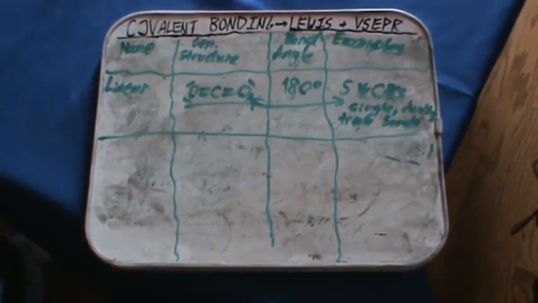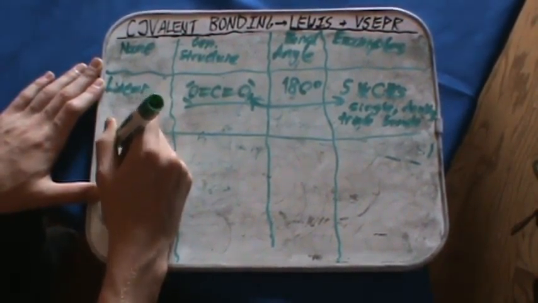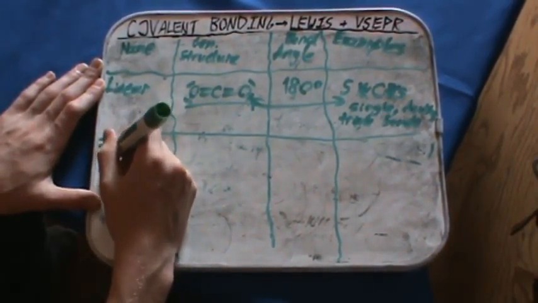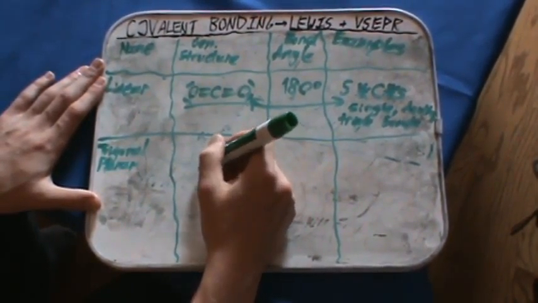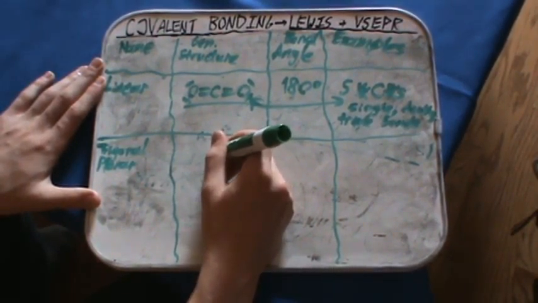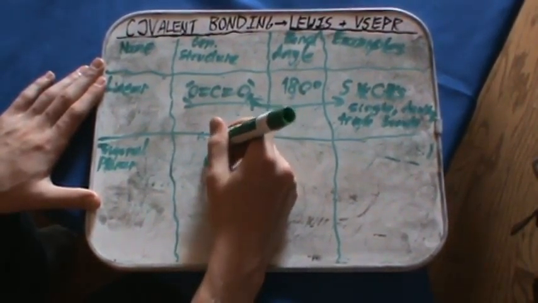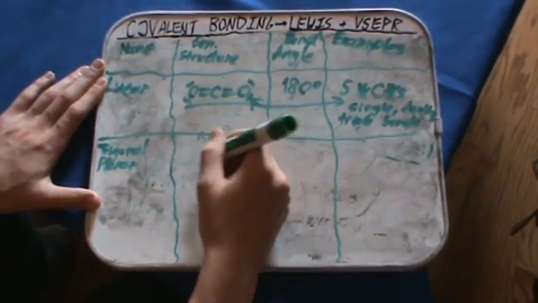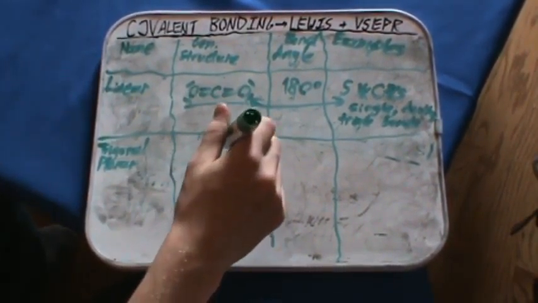Okay, so now the next one that we talked about was trigonal planar. And the general structure that we gave for this type of molecule is the structure of central atom, so C, I don't mean carbon, I mean central atom, and then electron density, S, electron density, S, and electron density, S. Now I don't necessarily mean that all of these surrounding atoms have to be the same.